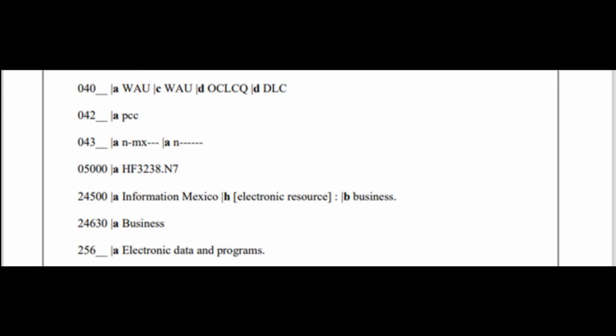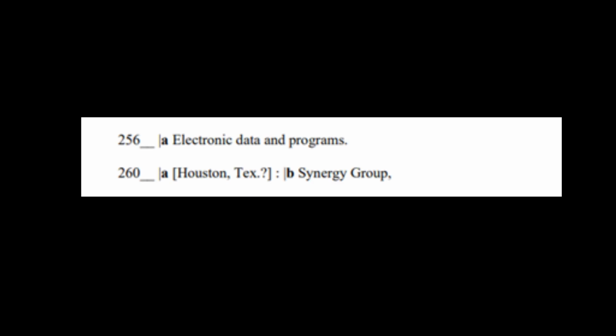Okay, so then we have here 256. Tag 256 is a computer file characteristics. This is a non-repeatable tag. So in here, this is where we can find the characteristics of a computer file, such as the type of file, for example computer programs.